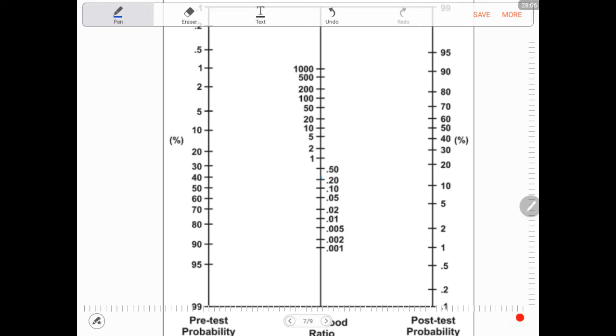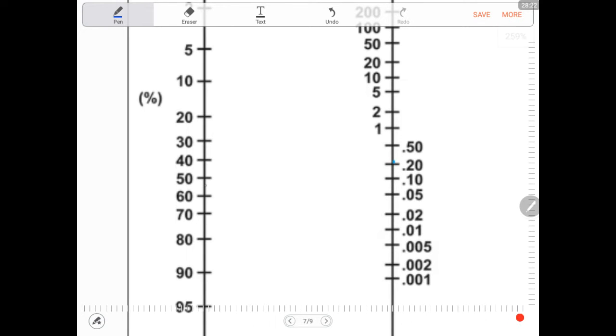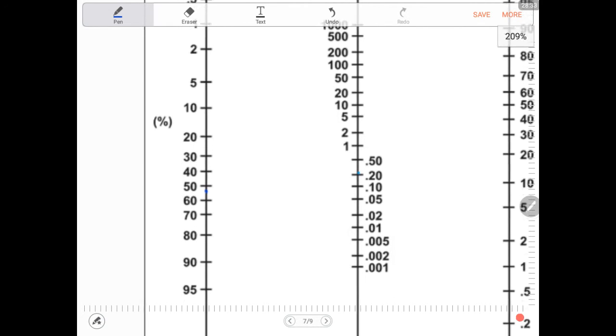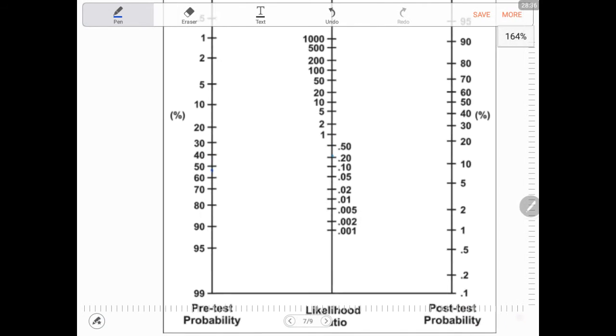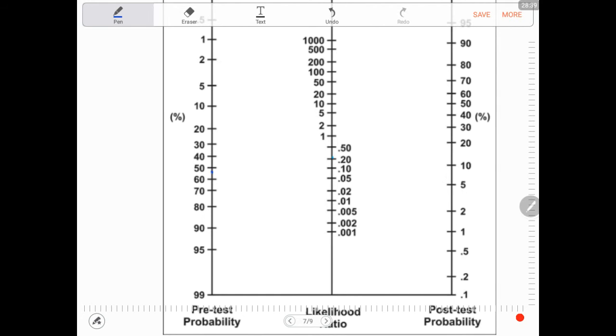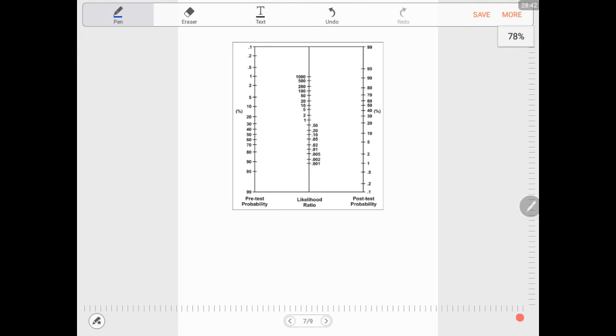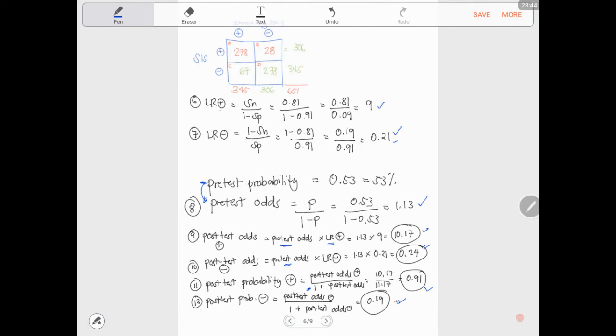Parang estimation siya ng post-test probability actually. So, here's what you do. Let's plot muna. Sa pretest probability, the pretest probability is around 53, right? So, I can put it here. 53. And then, the likelihood ratio for a positive one is, memorize, it's 9 pala.